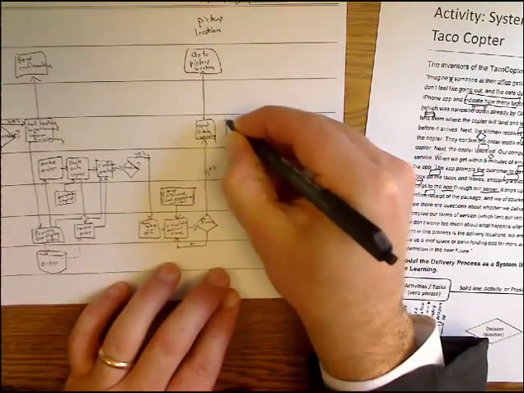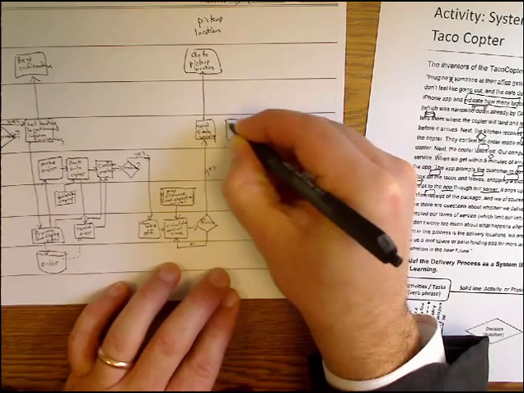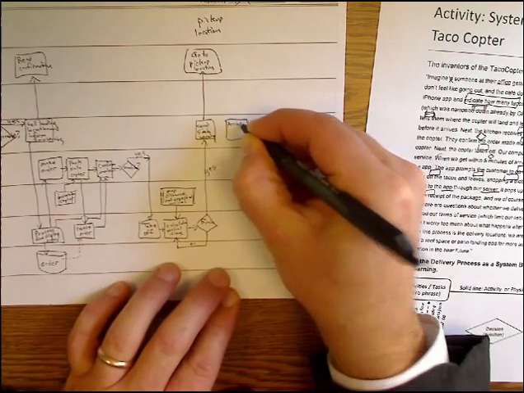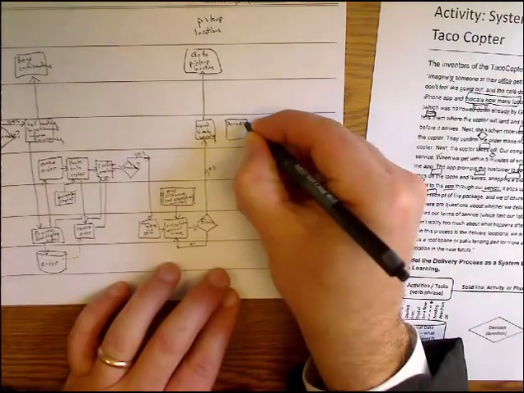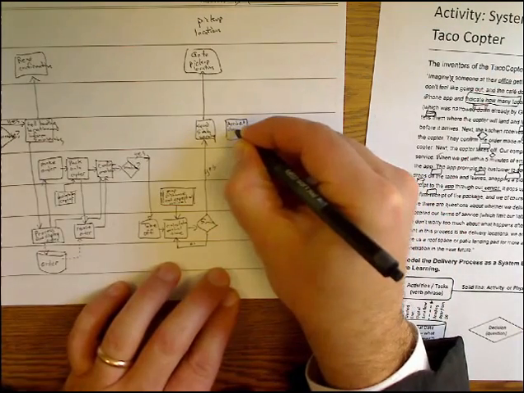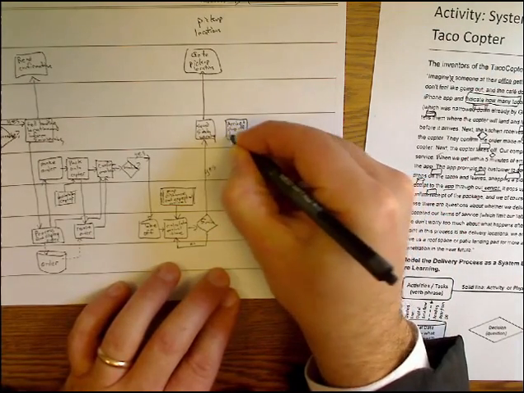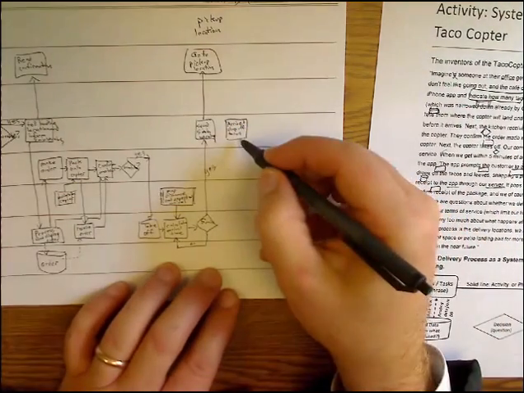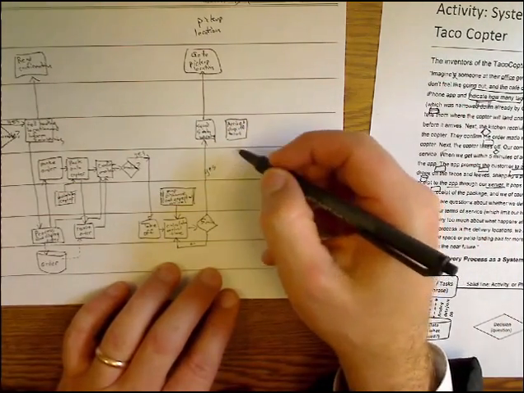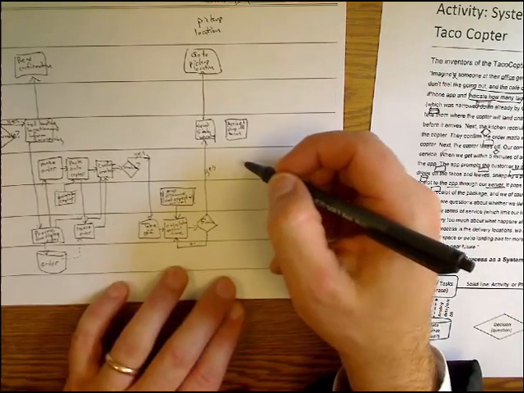So arrive. Now, do we wait for the customer? No. So I can actually put arrive and drop off tacos, because at this point we're going to fly and arrive.